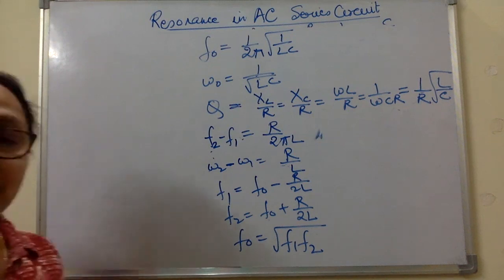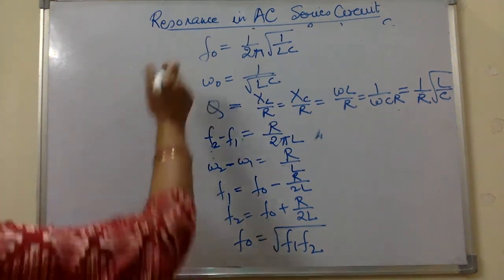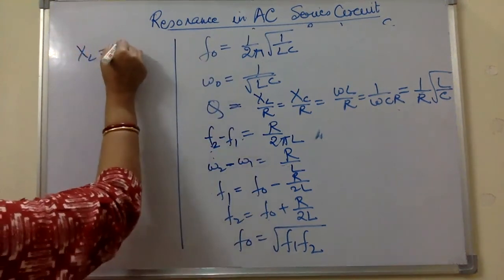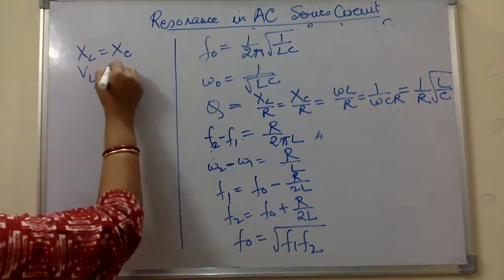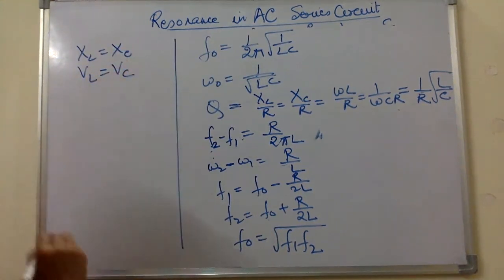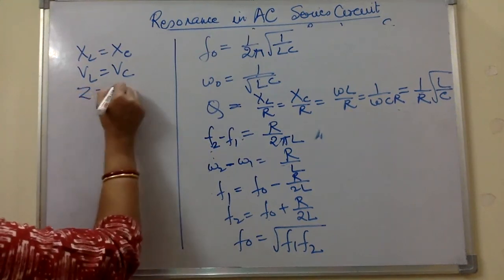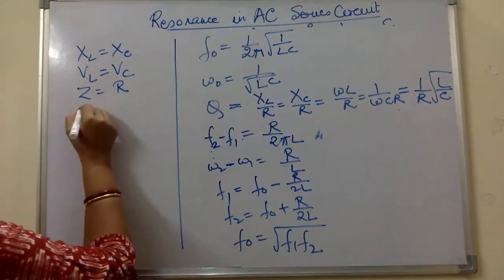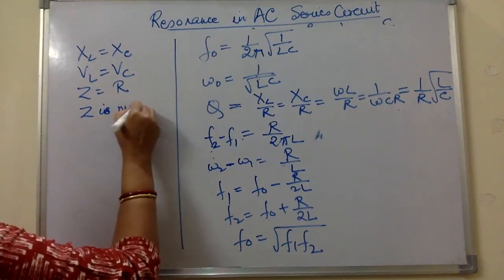And under resonant condition, we have defined the different characteristics. At resonance, the inductive reactance is equal to the capacitive reactance. The voltage across the inductor will be equal to the voltage across the capacitor. The impedance is equal to the resistance. The impedance is minimum.